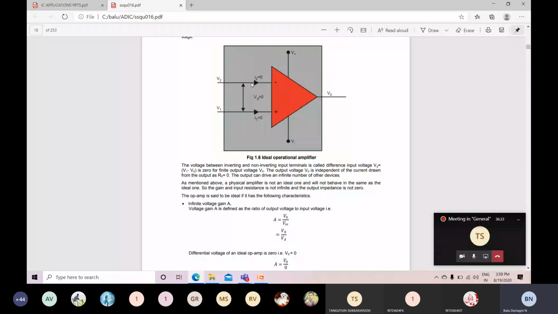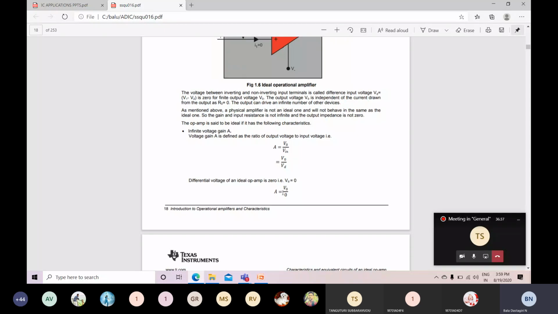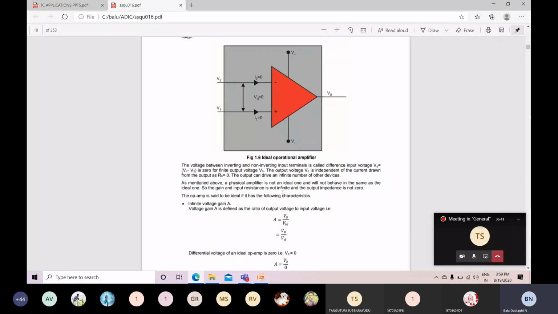For an ideal operational amplifier, Vd should be 0. Now if you substitute that Vd here, A is equal to V naught by 0. Therefore, the voltage gain of an ideal differential op amp becomes infinite.